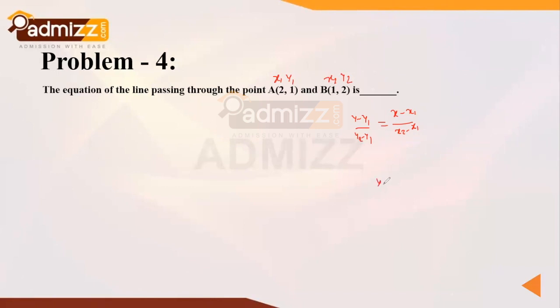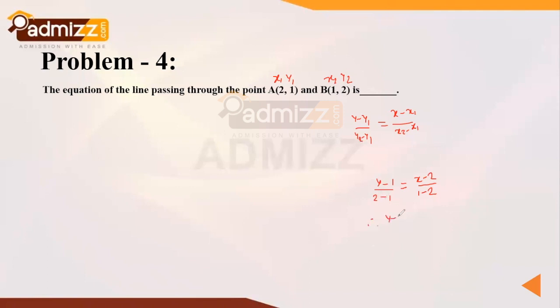So it is (y minus y1) upon (y2, that is 2, minus y1, that is 1) equals (x minus 2) upon (x2, that is 1, minus 2). So if you take the further simplification steps, then 2 minus 1 is 1.